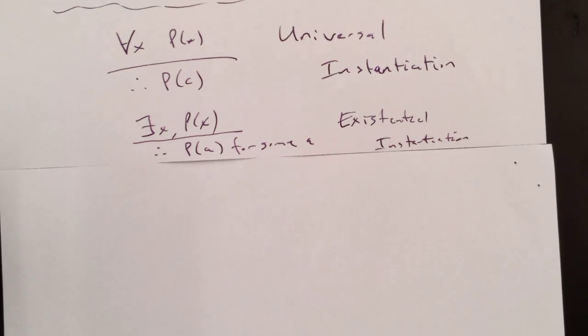So I can pick an instance. I can say, okay, I know this holds somewhere. This one. Or it holds for all of them. So let's use one as an example.